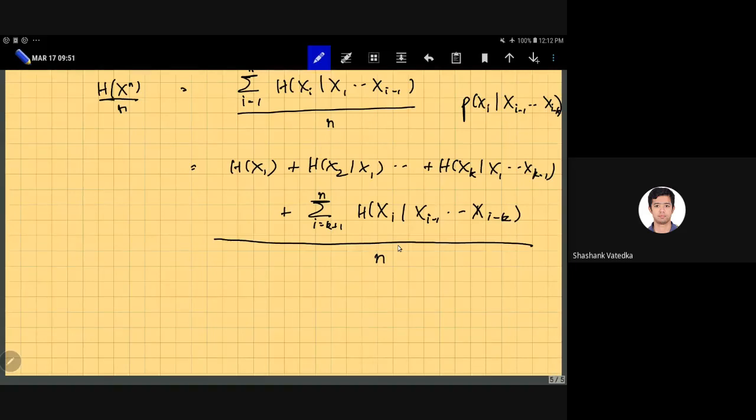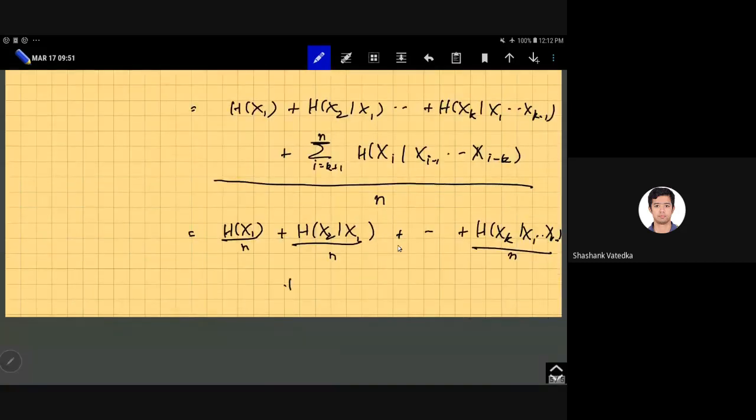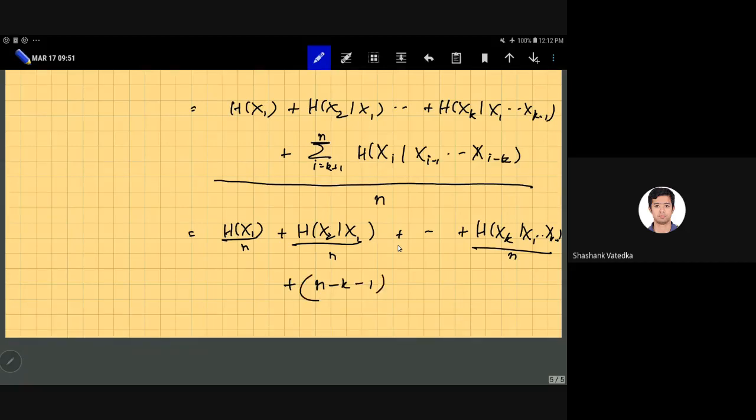So if k is finite and independent of n, and of course we know that this is a stationary sequence, this would just be H of X1 by n plus H of X2 given X1 by n, and so on, H of Xk given X1 through Xk minus 1 divided by n, plus n minus k, I guess minus k minus 1, times H of Xk plus 1 given X1 through Xk divided by n.